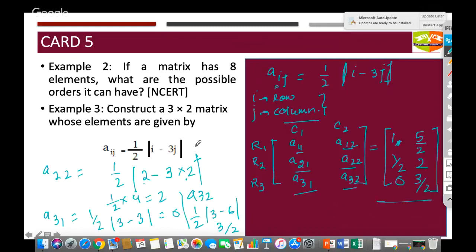So if somebody is giving you this kind of information and you have to form the matrix, the first thing that you need to do is form this generalized matrix, because until and unless you have this generalized matrix available to you, the value of I and j would not be identifiable to you. And once you identify the value of I and j, there is nothing else to be done other than some multiplication, addition and subtraction.